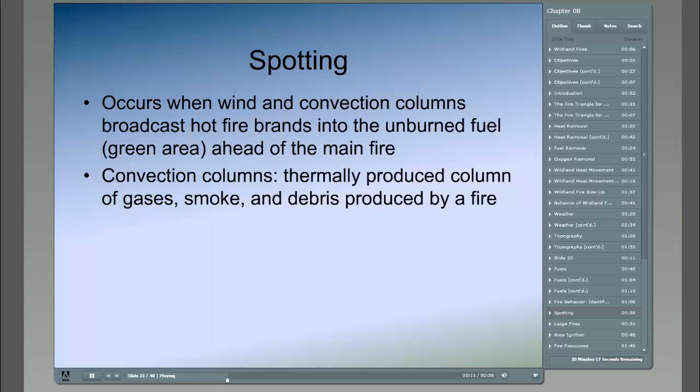Spotting occurs when wind and convection columns thermally produce a column of gas, smoke, and debris produced by a fire. Broadcast hot fire brands into unburned fuel ahead of the main fire. Crown fires, with their intense heat and strong convection currents, frequently start spot fires. They can throw burning embers far ahead of the main fire front.